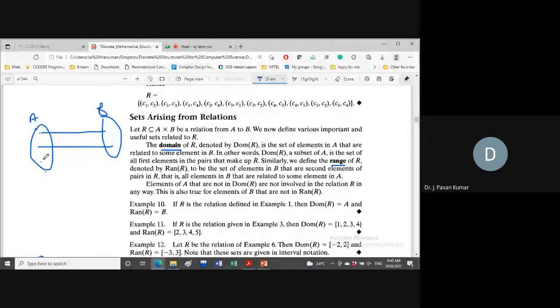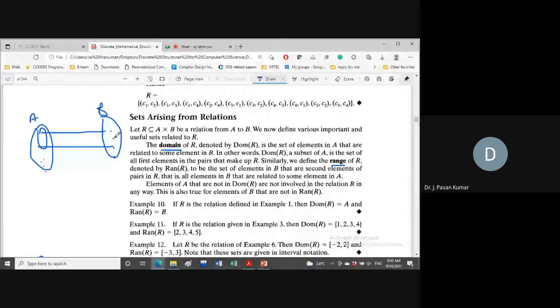The set of elements participating in at least one tuple will be the domain. Similarly for the range: whatever elements are part of the tuples will be considered the range.